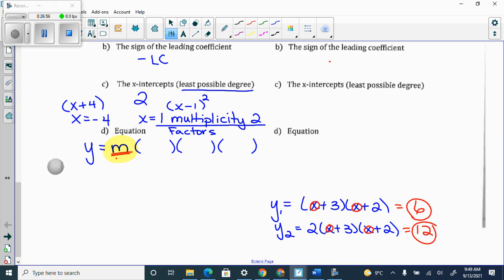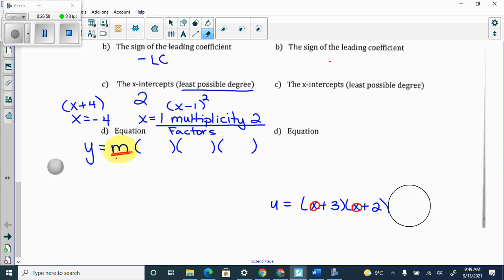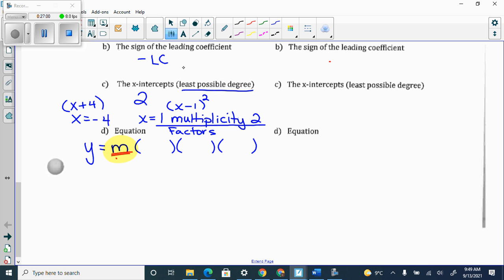So let's go through and see if we can actually come up with the equation now. So we have y equals m, which I'm going to find, because I don't know what it is. And then I have x plus 4 and x minus 1 squared. Not yet, because we're going to solve it and hope to get a negative, right?